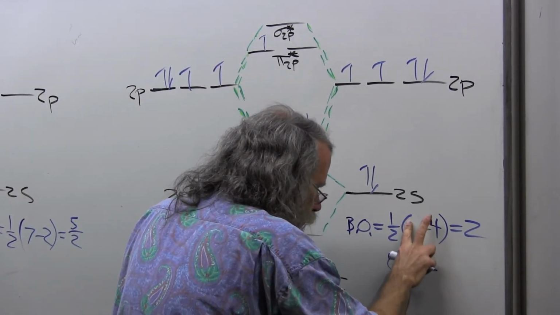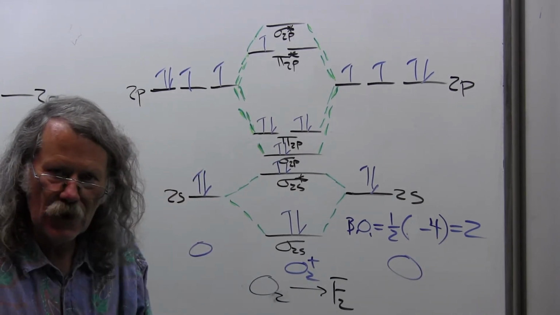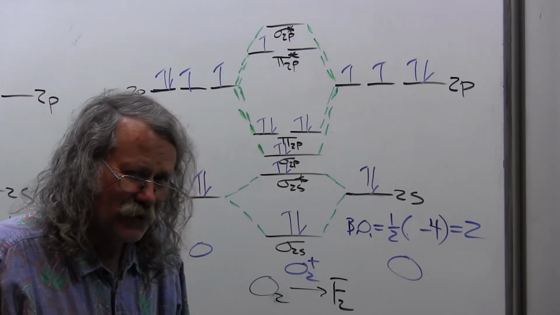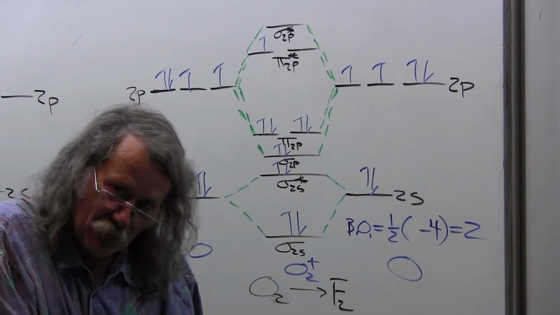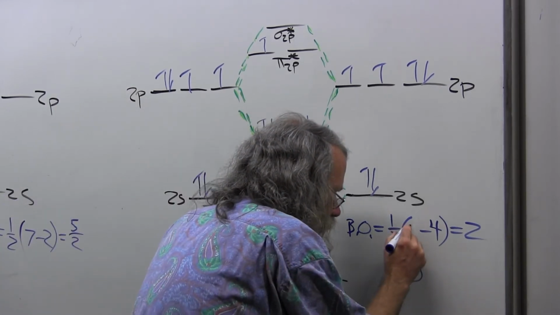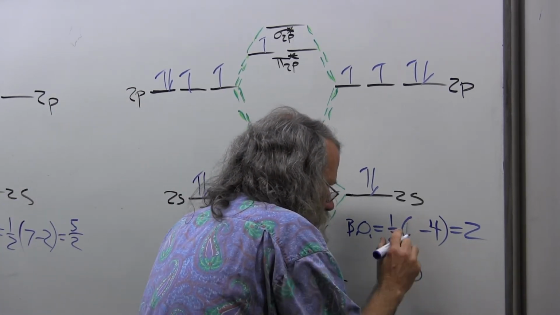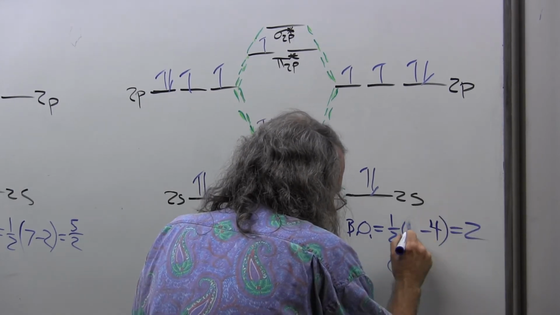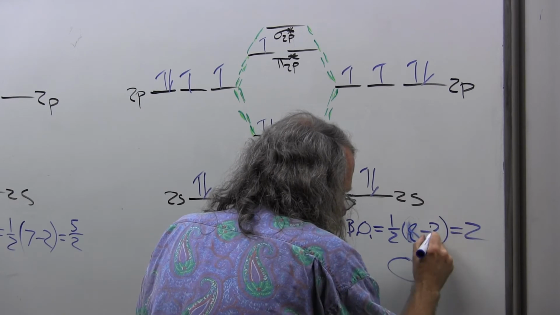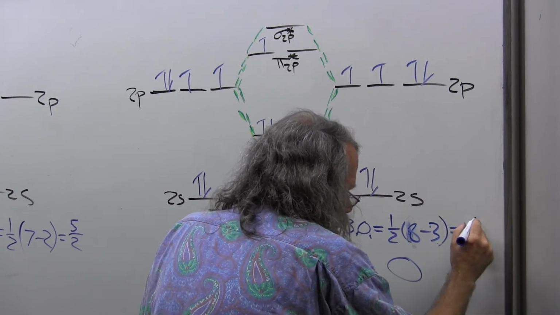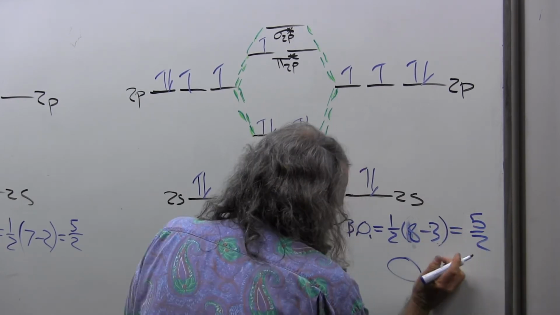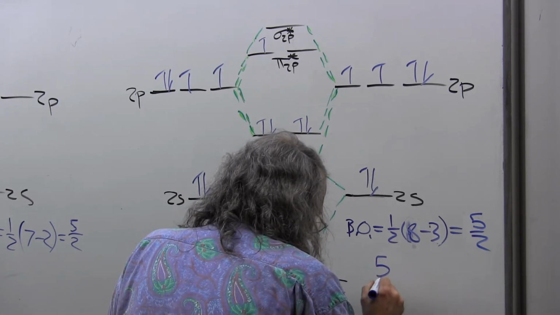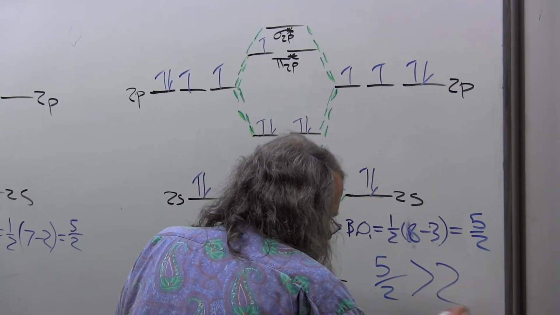I'm not increasing the bonding interactions, but I'm decreasing the antibonding interactions. So I have 1/2 (8 minus 3), which is 5 halves, and 5 halves is greater than 2.